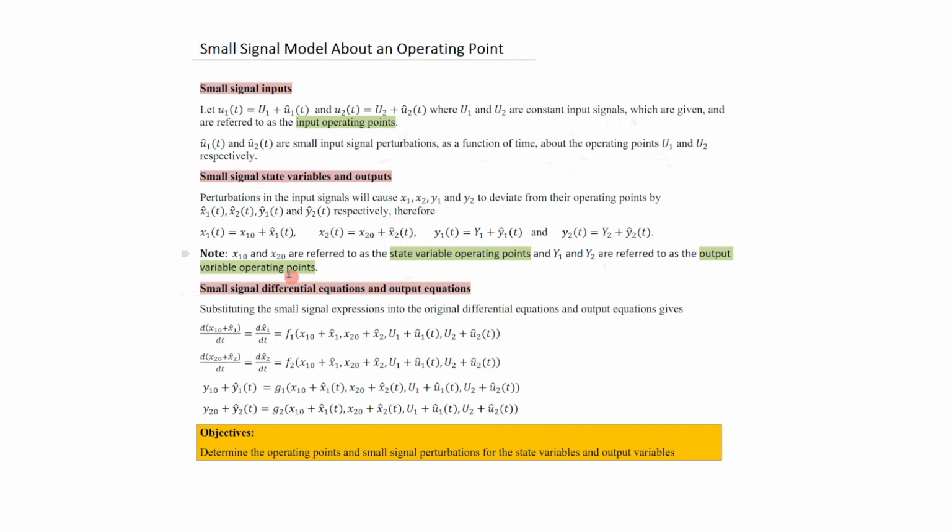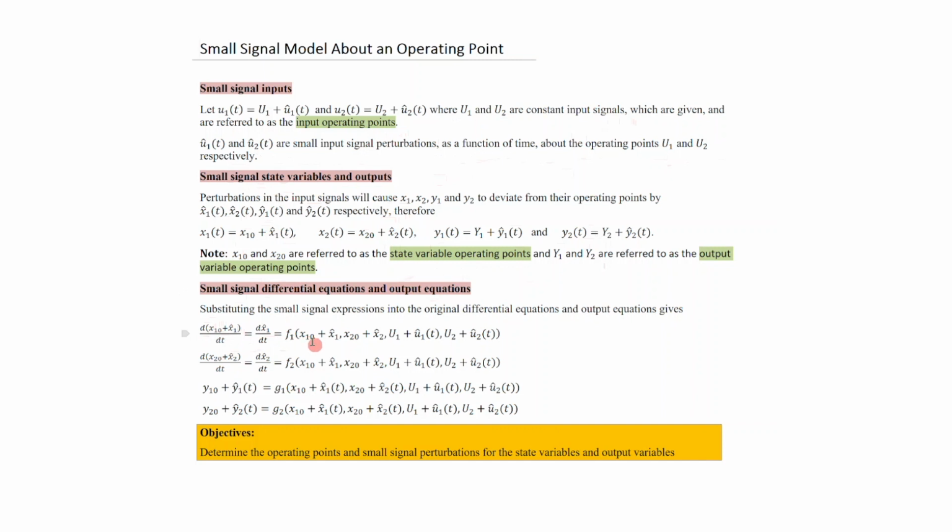Now we take these equations and substitute them back into our original state-space equations. For the derivative term, this is X10 plus x1 hat. X10 is a DC term, so its derivative is 0, and you're just left with dx1 hat over dt.